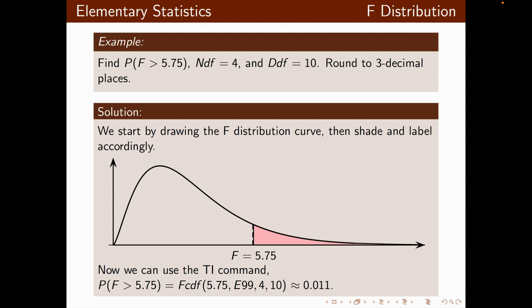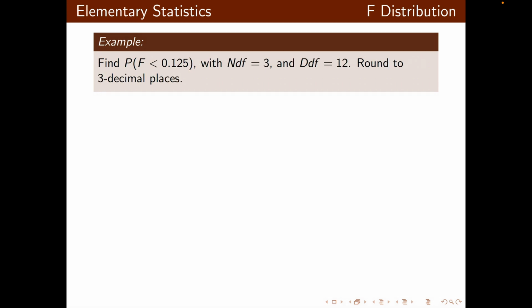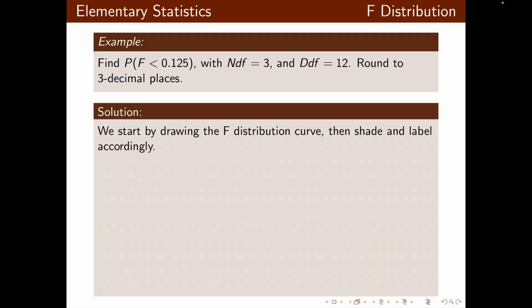Now let's look at this example. Find the probability that f is less than 0.125 with numerator degrees of freedom 3 and denominator degrees of freedom 12. Again, we're going to round to 3 decimal places. We're going to draw, label, and shade accordingly.